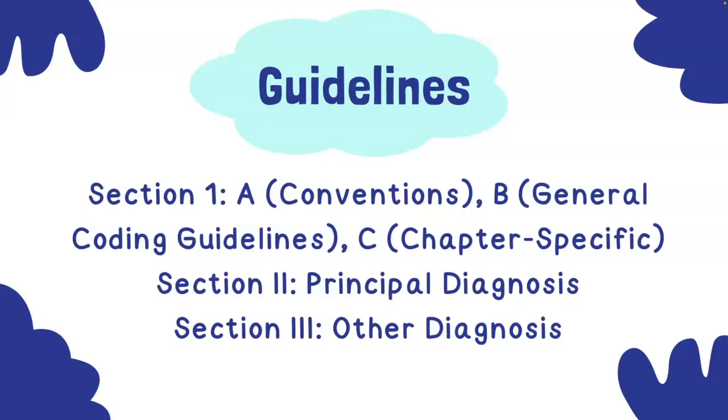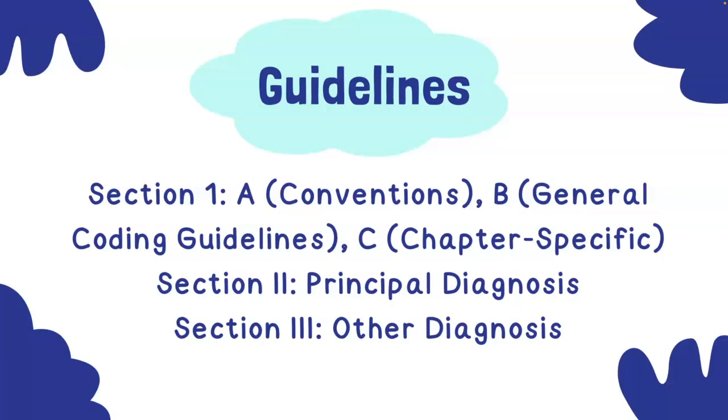As a reminder, on the day of your CCS exam, that exam is multiple choice, but knowing the guidelines will save you a lot of frustration and time because you won't be tricked when the same codes are presented in more than one answer choice. They're just presented in a different order, and you won't be tricked by the order.